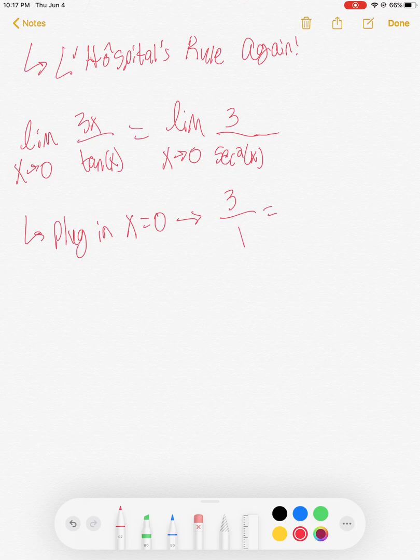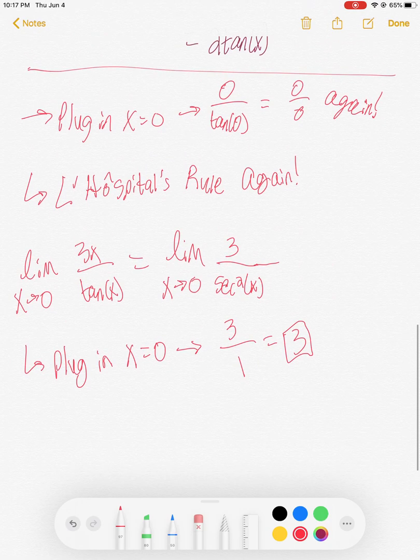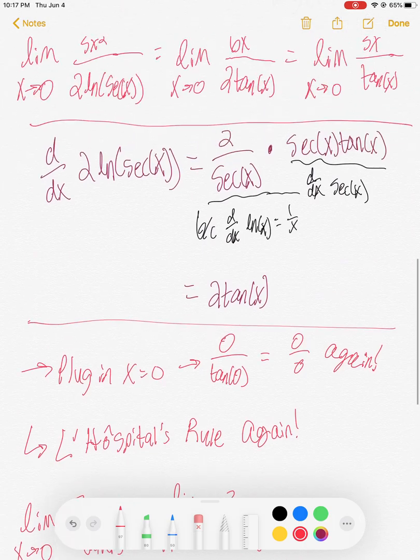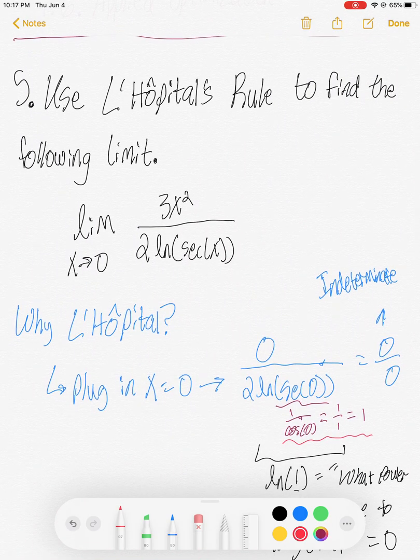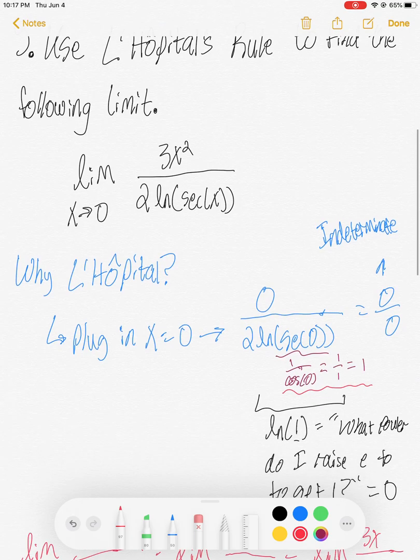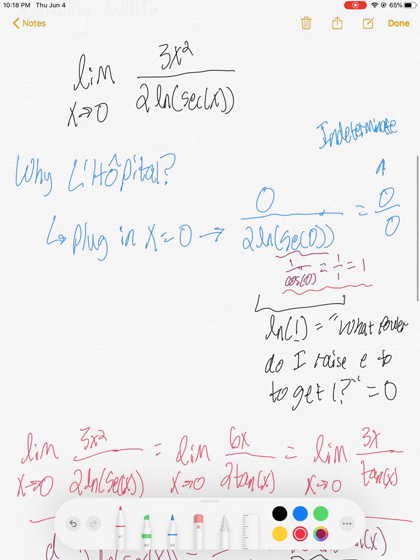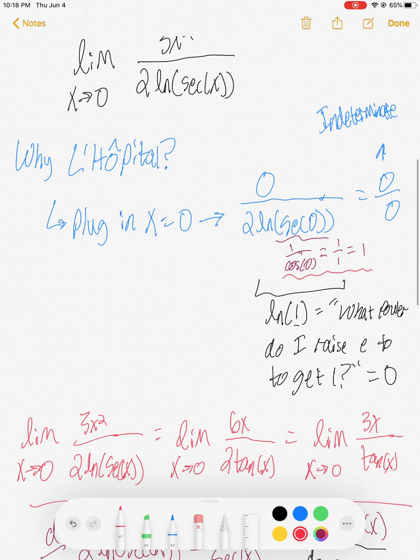In my denominator, we said that secant of 0 was 1. So secant squared of 0 is 1 times 1, and that is 1. And a normal person likes to write this as 3 rather than 3 over 1. And so that's our limit.